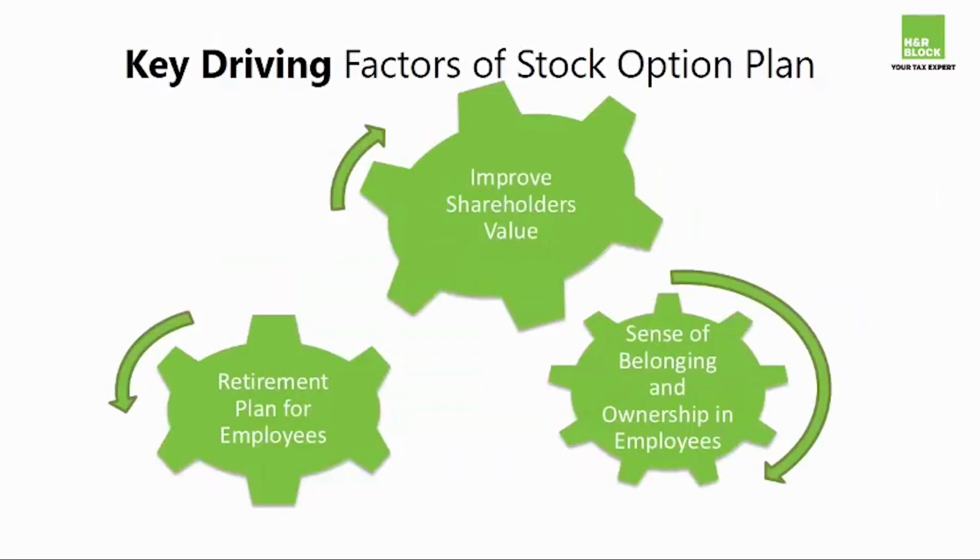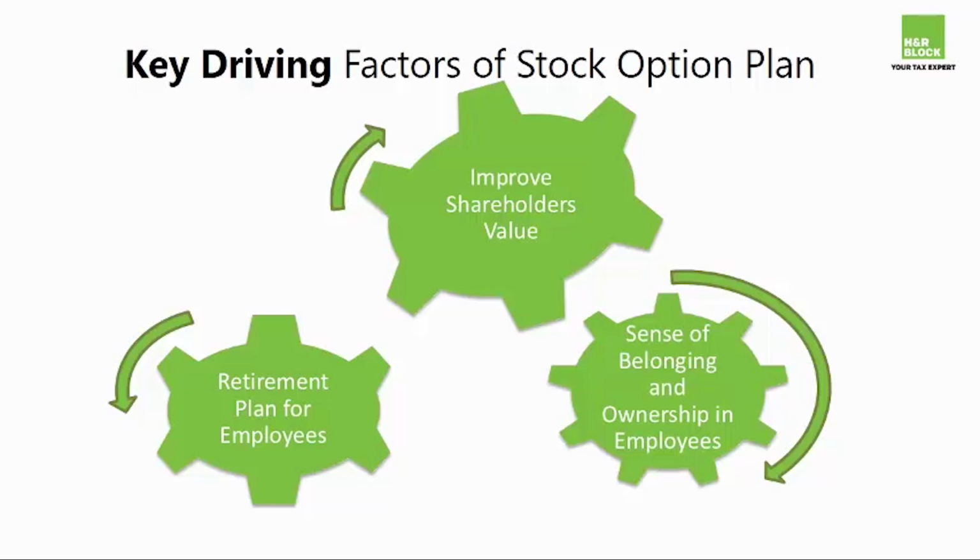Key driving factors of stock option plans. Important factors are improving shareholders value. It helps the company in enhancing shareholders value because the share prices of the company increase with the efforts of all the employees, and then shareholders value also increases with that growth. It creates a sense of belonging and ownership in the employees.